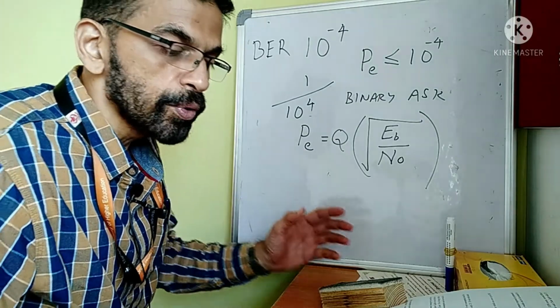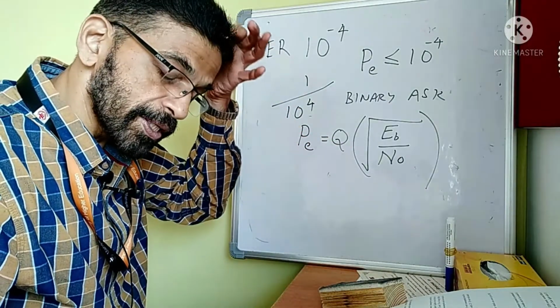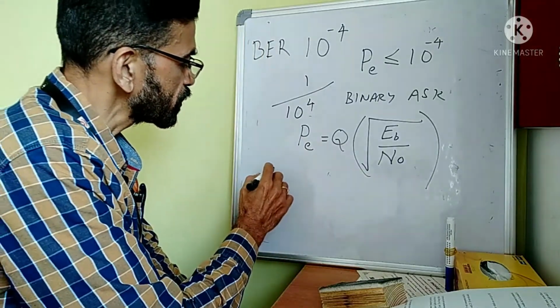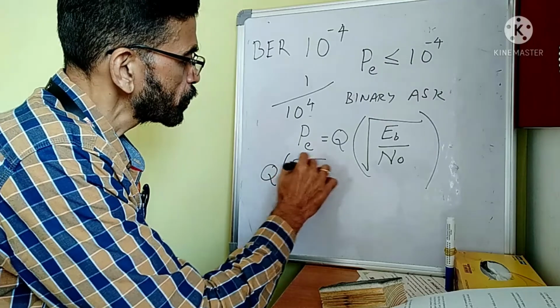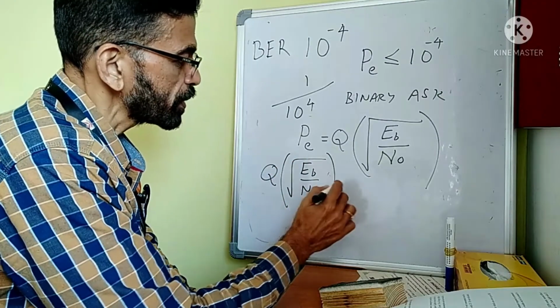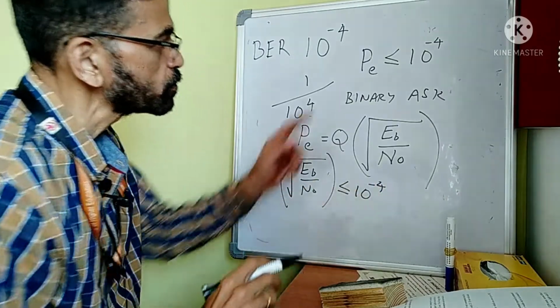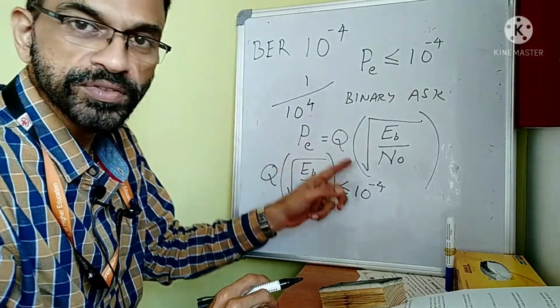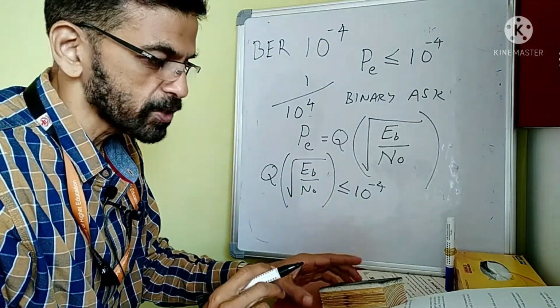Now, since the probability of error has to be less than or equal to 10 power minus 4, Q of root EB by N naught has to be less than or equal to 10 power minus 4, because P is this, which means that Q of this has to be less than or equal to 10 power minus 4.